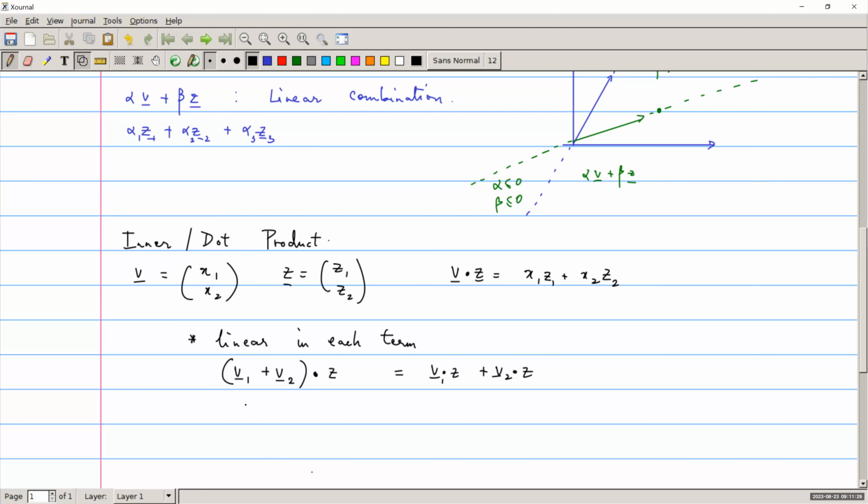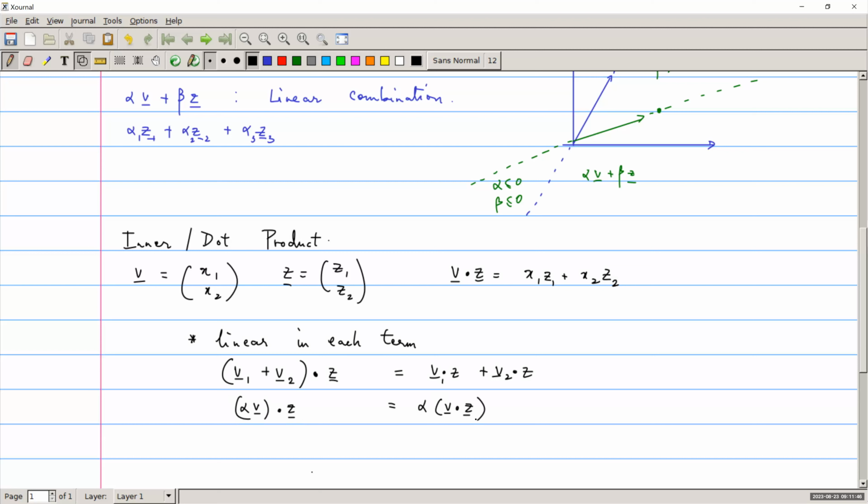Same thing with scalings: alpha times v dotted with z must be just alpha times v dot z.